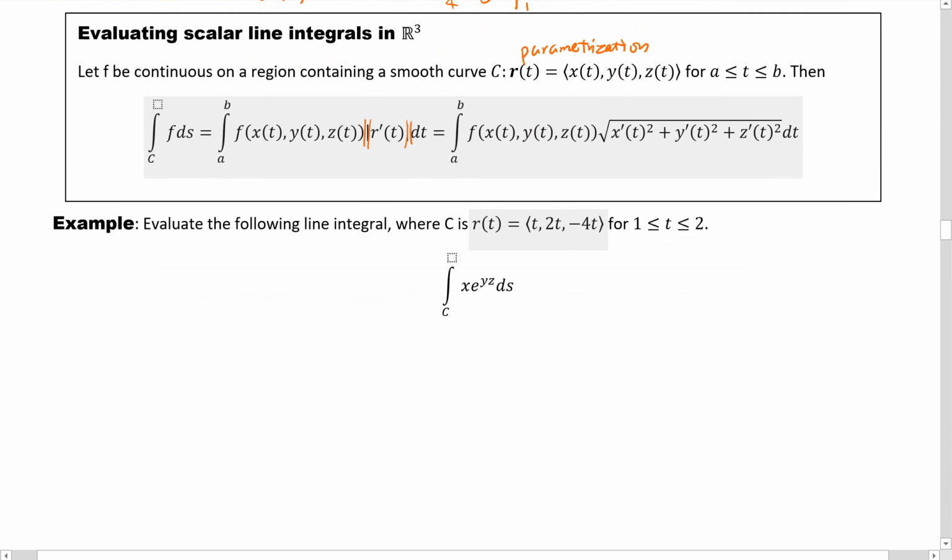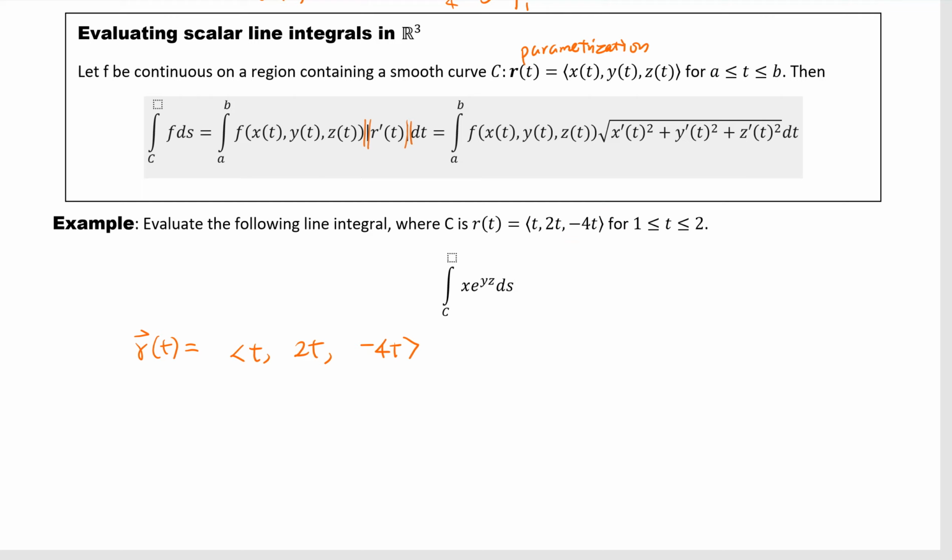So let's look at the following example. Here we are given a parameterization, right? And we want to measure the line integral. So start with the parameterization: t, 2t, minus 4t. Do you realize this is actually a line? Yes, because it's all linear terms.